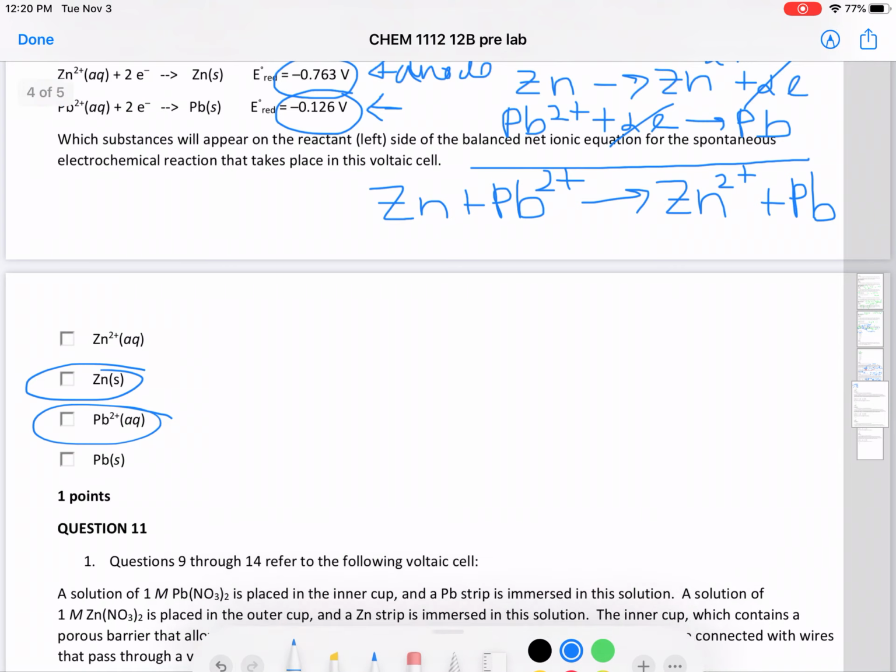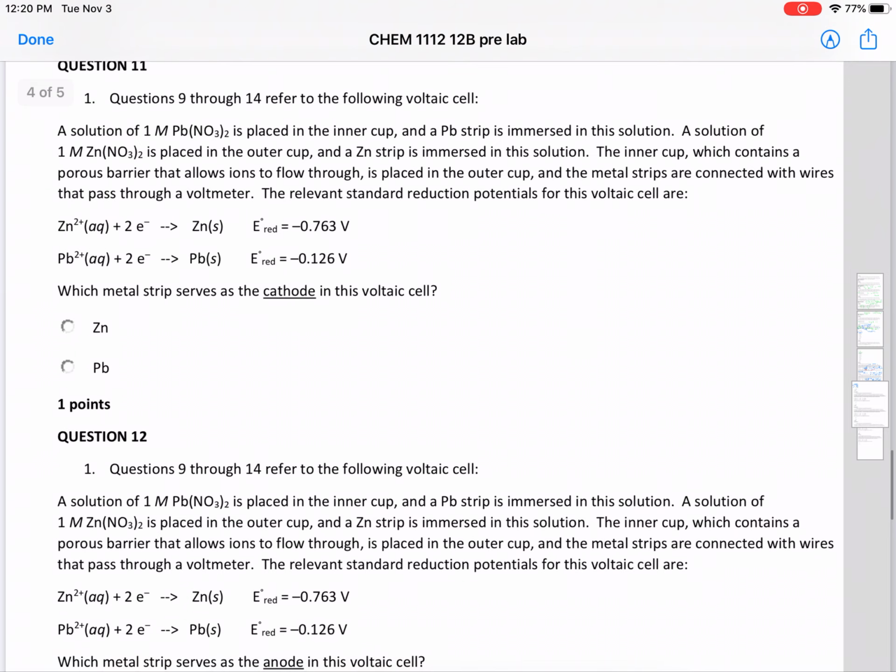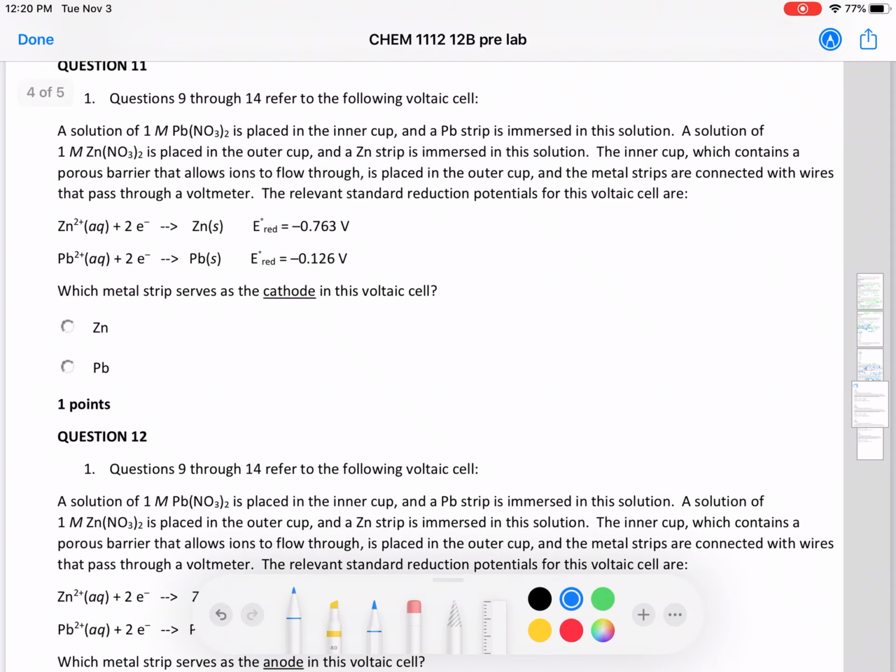And then the next question. The same question, you can read. Which metal strip serves as the cathode in this voltaic cell? We have to identify what our cathode is. Remember, the more negative electrode potential is where the oxidation occurs, the anode, and this one is going to be your cathode.